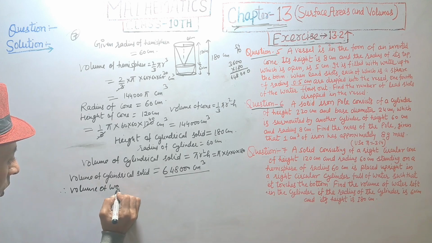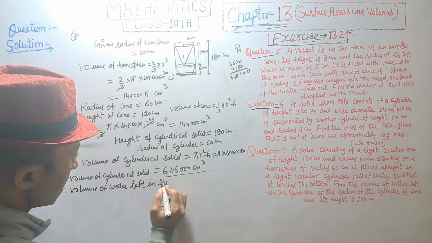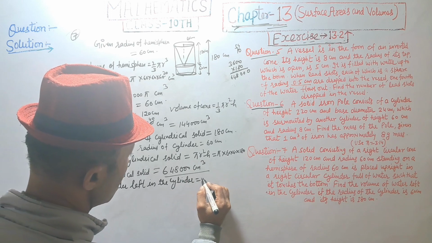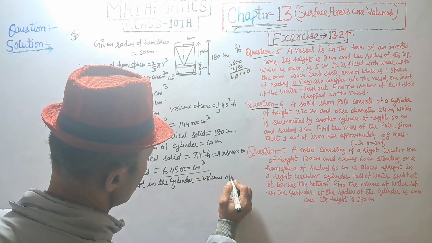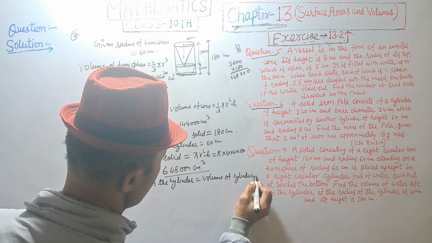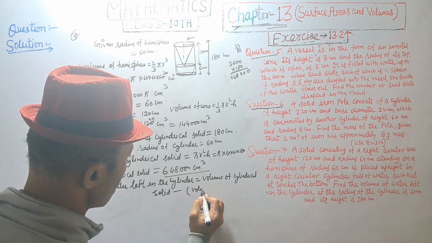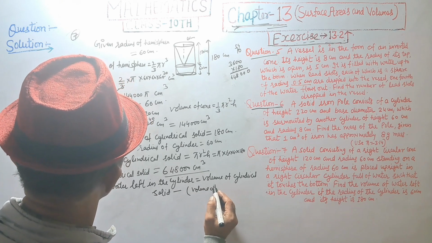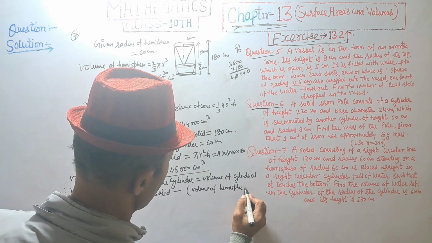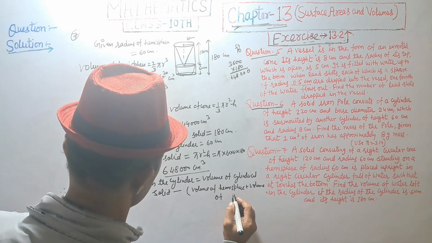Volume of water left in the cylinder is equal to volume of cylindrical solid minus the volume of hemisphere plus volume of cone.